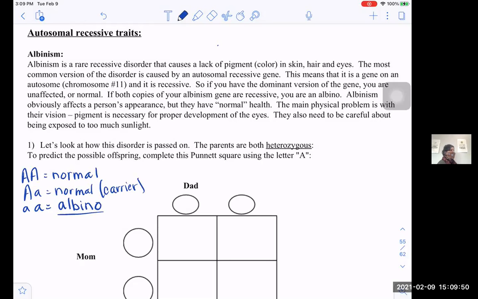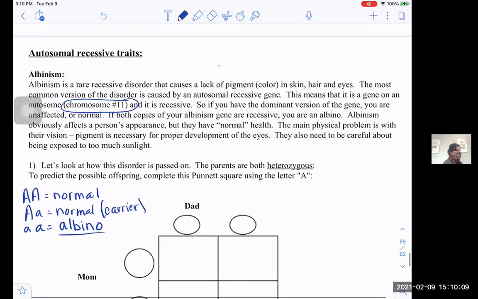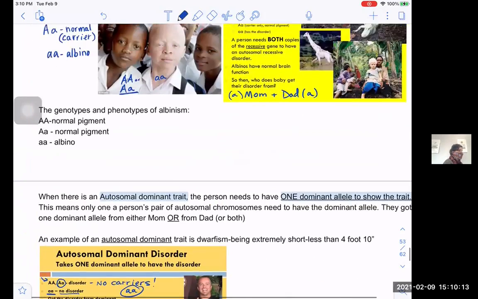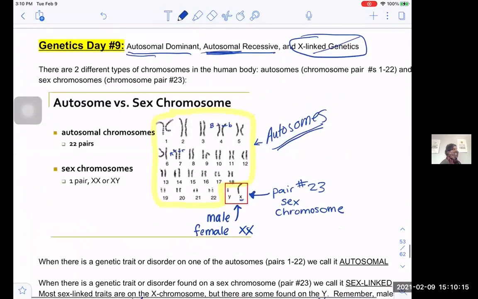All right, so this reading here, if you're interested in learning more about albinism, talks about what it is and where it's found. So it's actually found on chromosome number 11. And just so you know, if we were to look at a picture of chromosome number 11 here, we can't see the albinism trait.